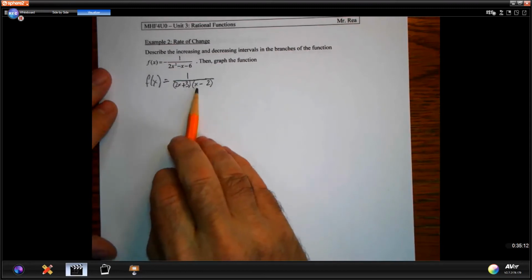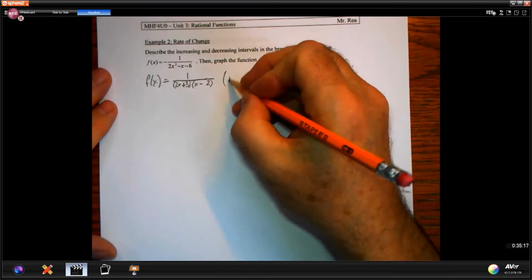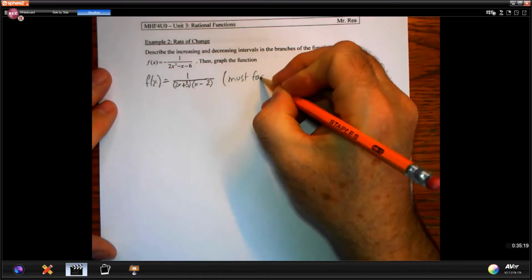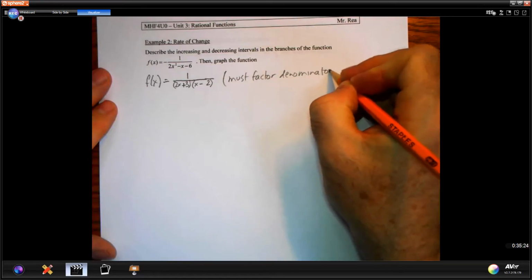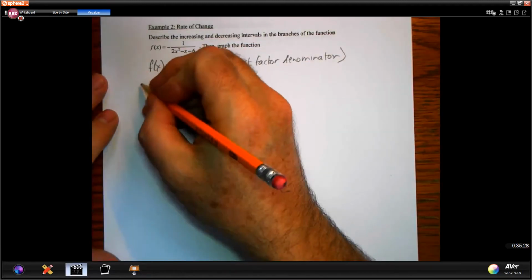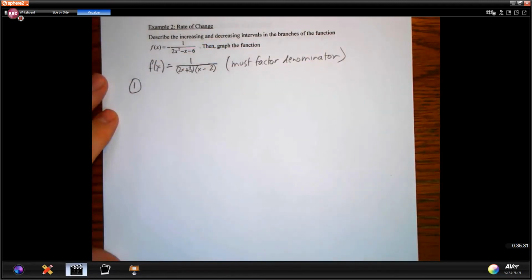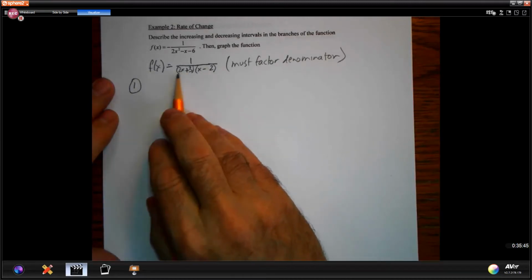So now that we've got this, I'll just put a note here: must factor denominator. Now that we've got it factored, I'm not going to say anything about the domain. We know the domain and the vertical asymptotes are basically conveying the same information. The vertical asymptotes are where the domain is not defined, which will be the zeros of the denominator.